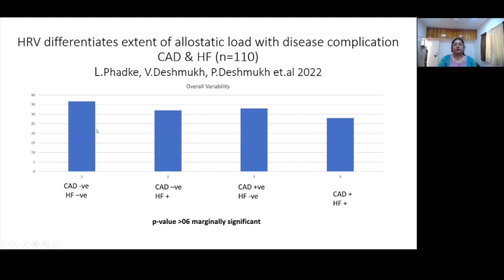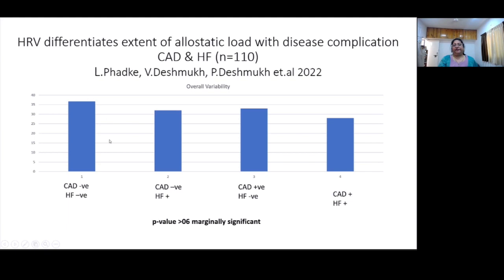Then we have also seen that HRV differentiates the extent of allostatic load with disease complications. Especially we have seen it in CAD, that is coronary artery disease, and with heart failure versus without heart failure. Here you can see that the variability is better in patients who were referred for angiography but turned out to be CAD negative, and were also not having features of heart failure.